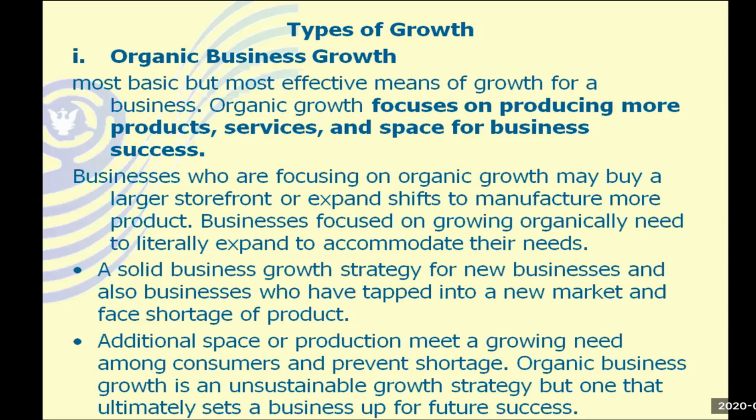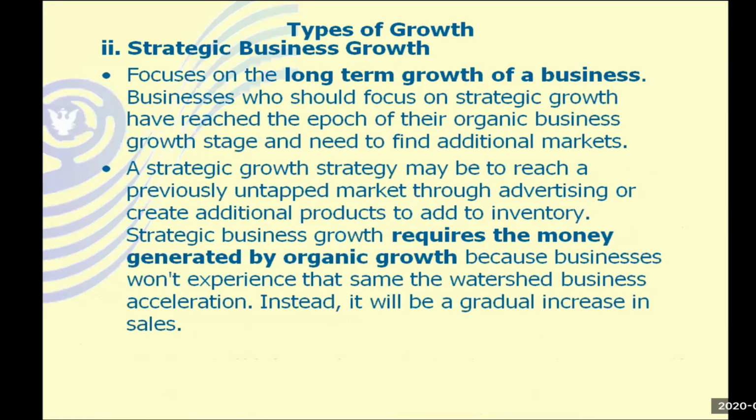Those are the reasons why firms seek growth in the industry. What are some of the types of business growth that firms go for? There is what we call organic growth. That is just normal growth, focusing on products and services, based on business success and so forth. That is on the lower side of growth, especially for small firms. Then we have what we call strategic growth. This is a long-term growth of a firm, especially when you implement corporate strategy.